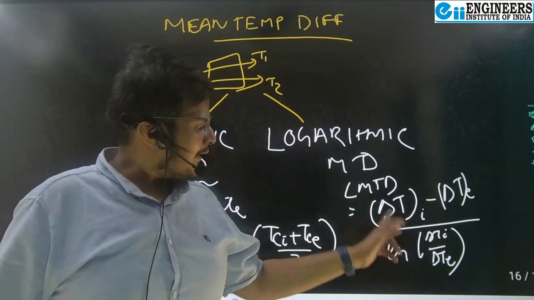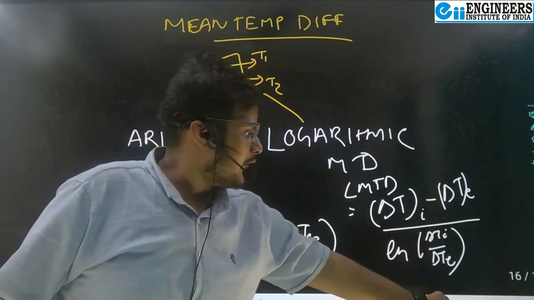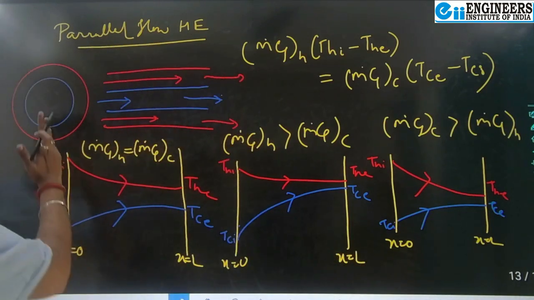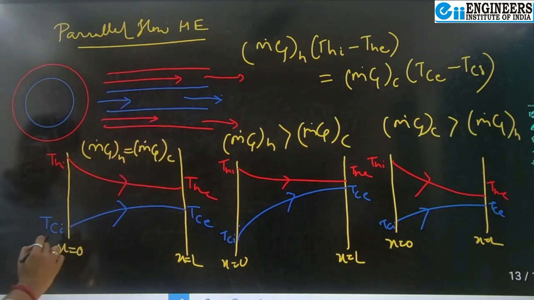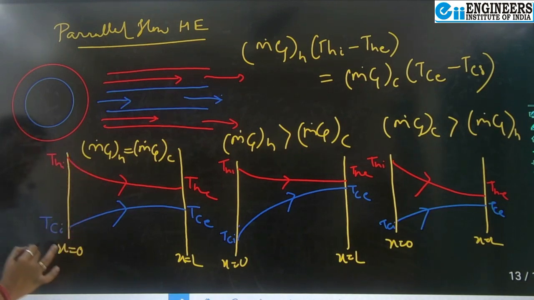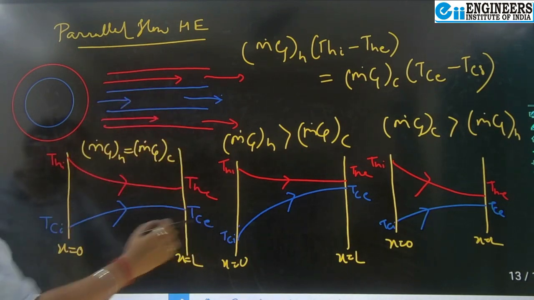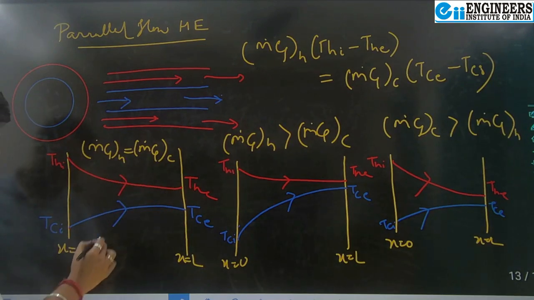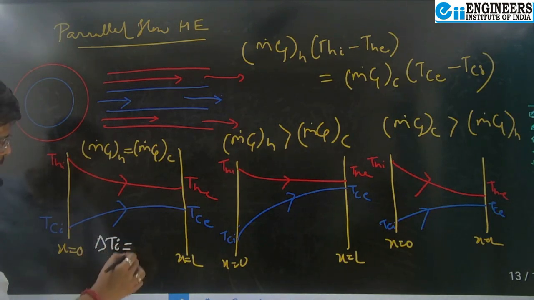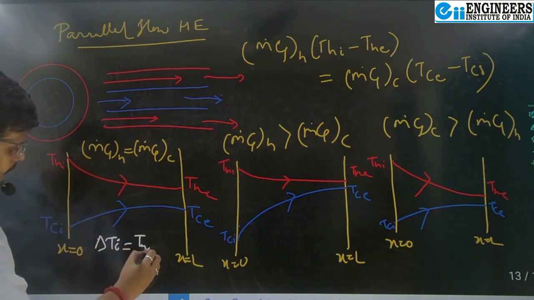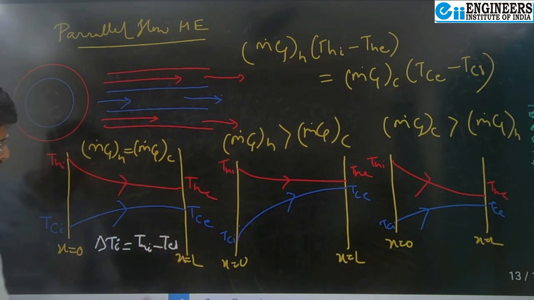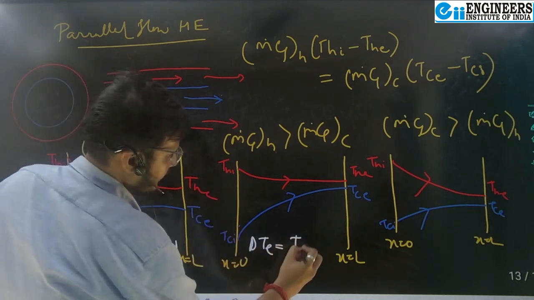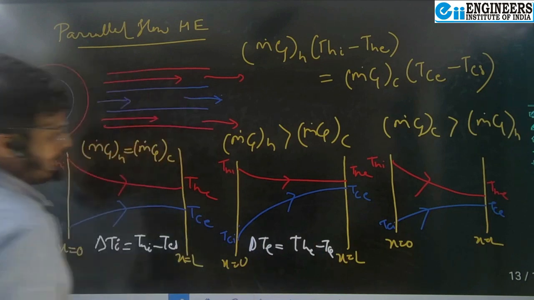Now let's analyze what del Ti and del Te are. Initially, take a parallel flow heat exchanger. This is the inlet section, this is the exit section. The temperature difference at the inlet section is del Ti, and at the exit section is del Te. For parallel flow, del Ti is Thi minus Tci, and del Te is The minus Tce.